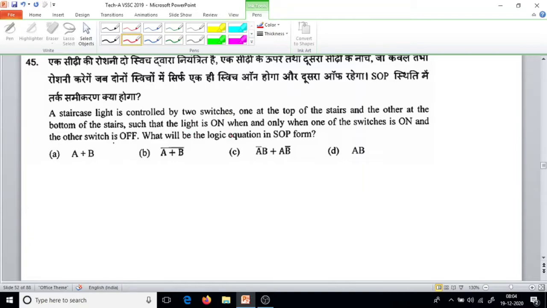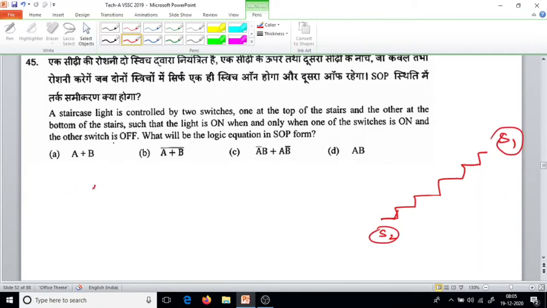What will be the logic equation in SOP form, sum of products form? So this is our stairs. This is S1 and this is S2. Two switches are there.